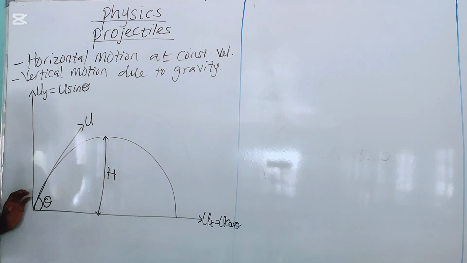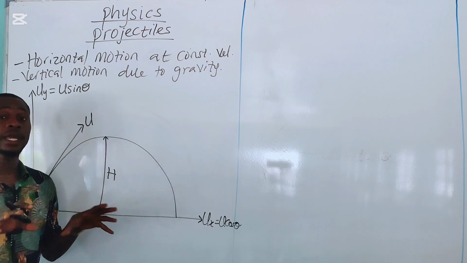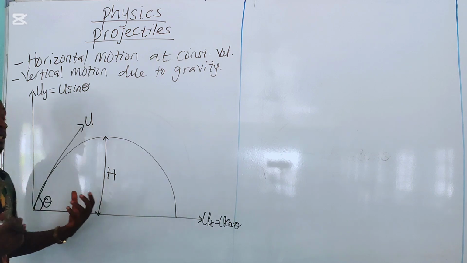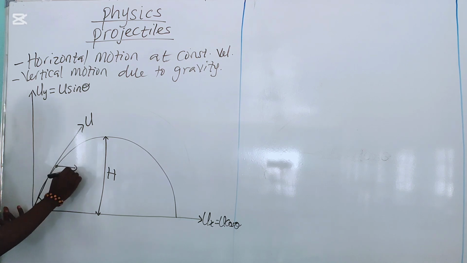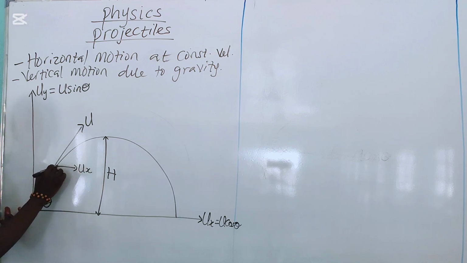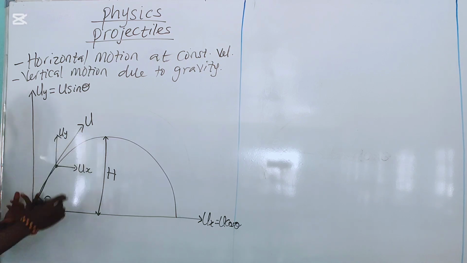At every point in time, the projectile has these two independent velocities, the horizontal component ux and the vertical component uy.